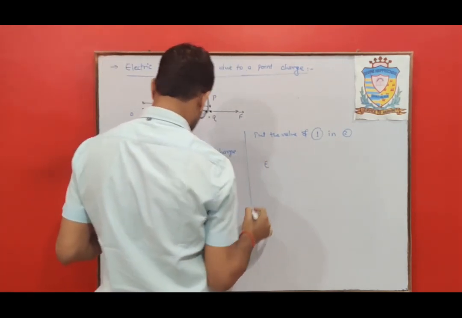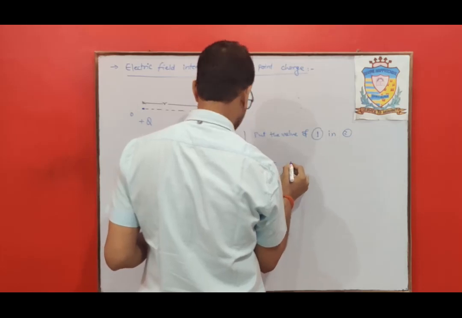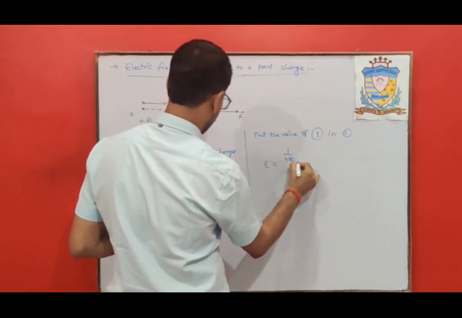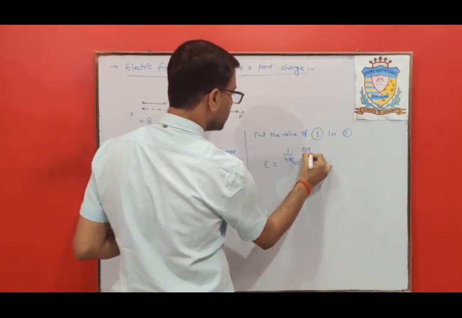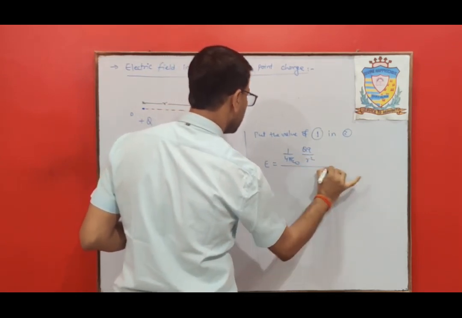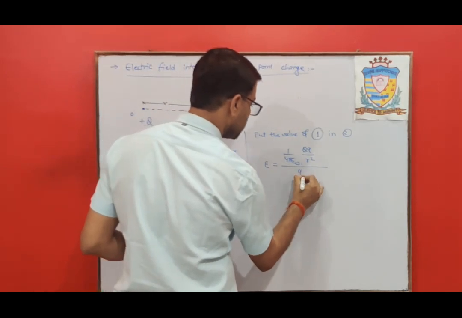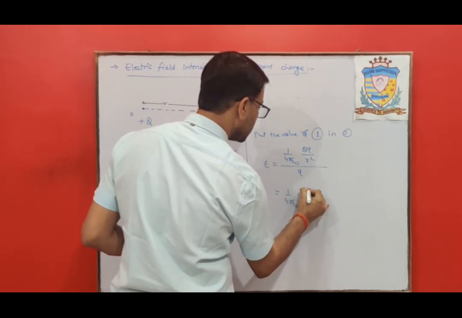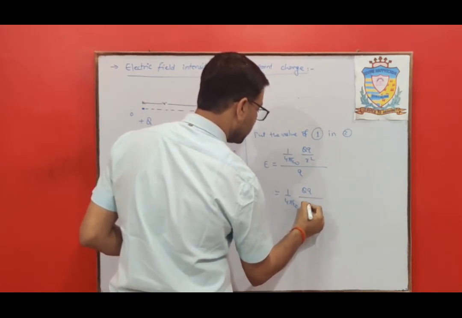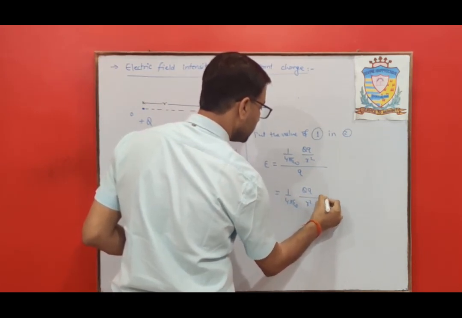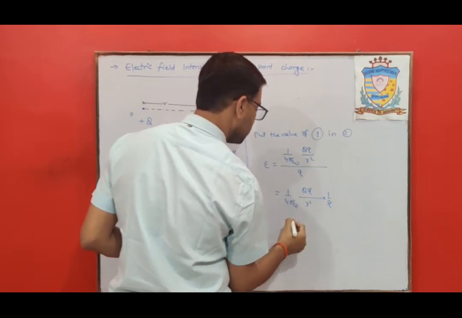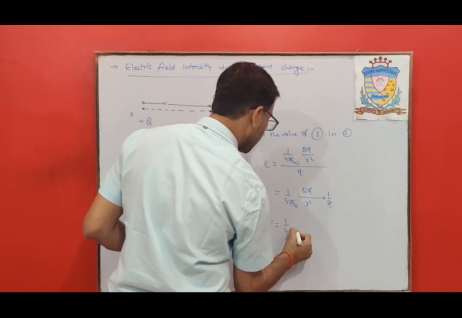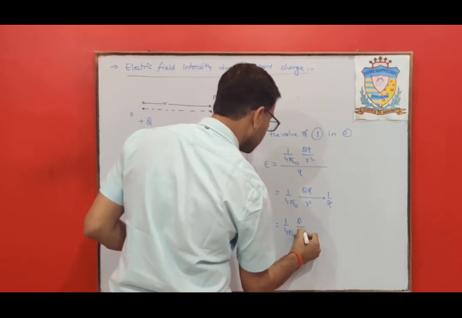E is equal to F, so 1 upon 4 pi epsilon naught Q q upon R square, whole divided by this q. That is 1 upon 4 pi epsilon naught Q q upon R square into 1 by q. This q can be cancelled out. So E is equal to 1 upon 4 pi epsilon naught Q by R square.